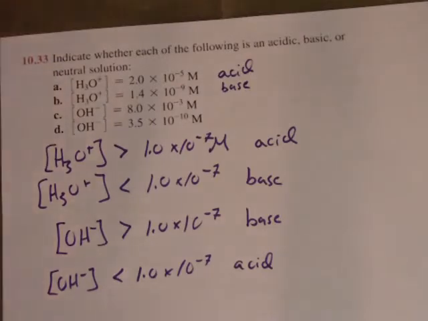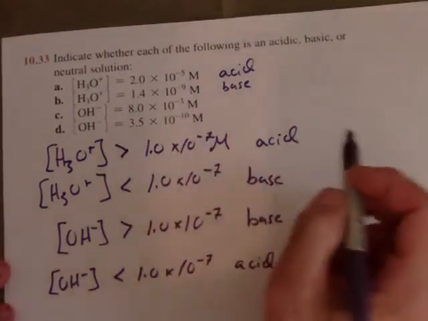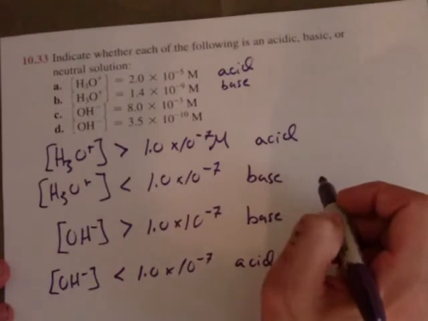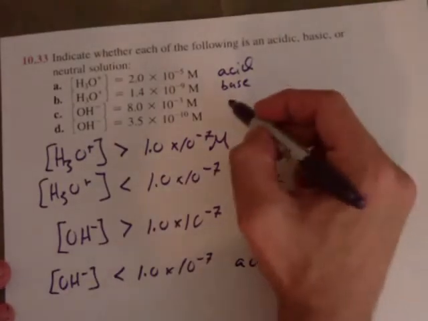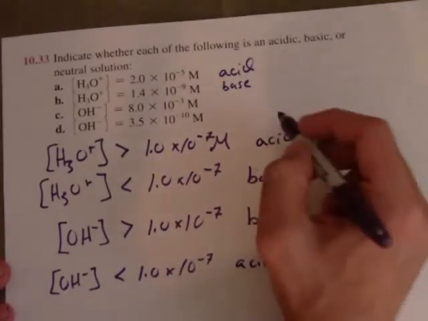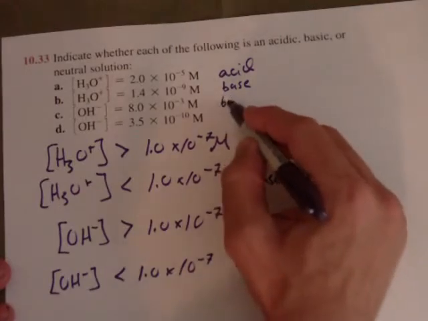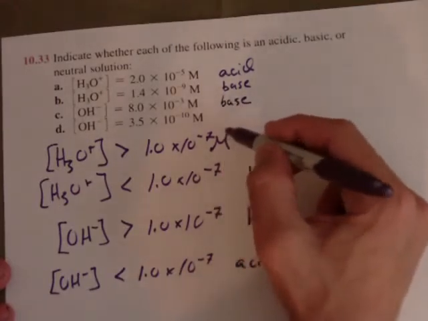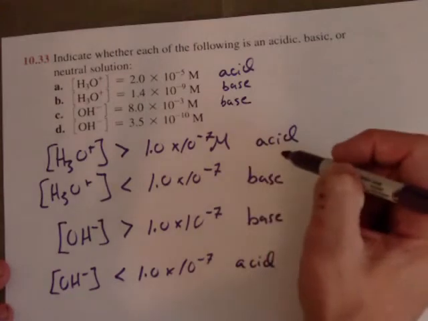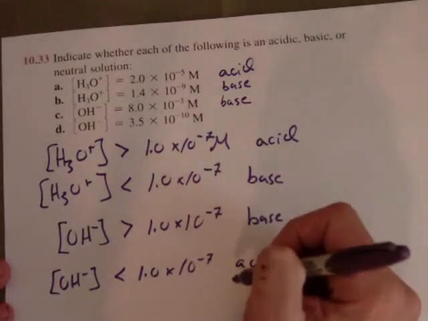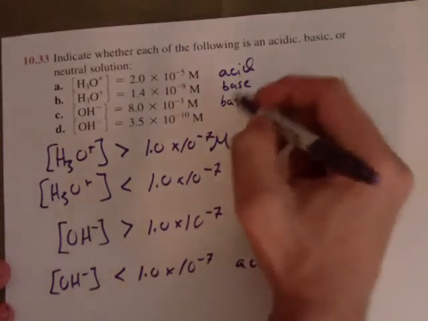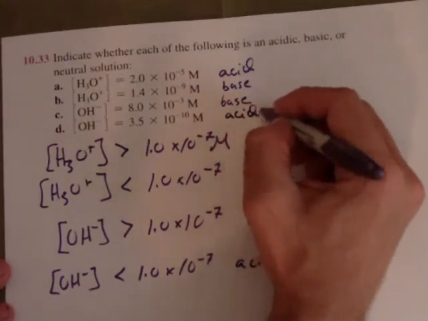If you have a smaller negative exponent, it's actually a larger number. Here, OH minus is equal to 8 times 10 to the minus 3 molar. That is greater than 10 to the minus 7 molar, so that is a base. And 3.5 times 10 to the minus 10 molar is less than 10 to the minus 7, and so that's going to be acid.